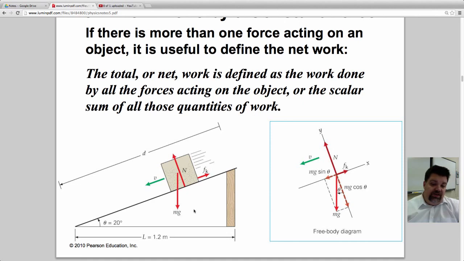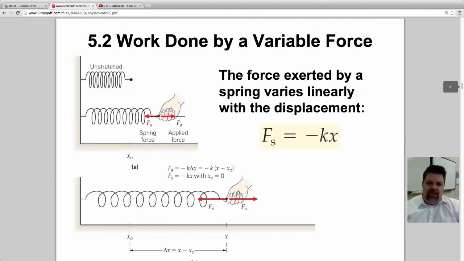Truth be told, I could mathematically figure out the force being applied parallel to this displacement, but that's not really how far the object is being displaced, right? The object is displaced from here to here. So that's how we would calculate that.